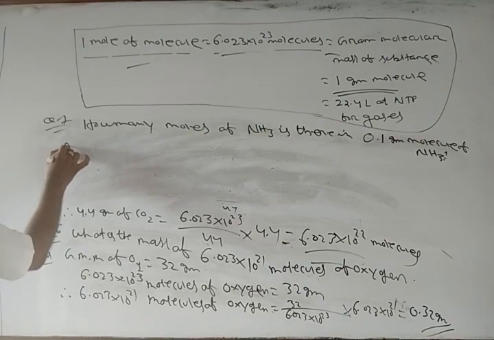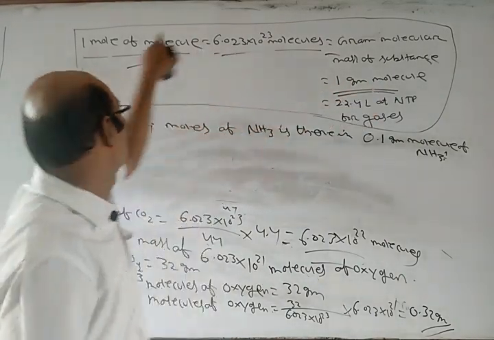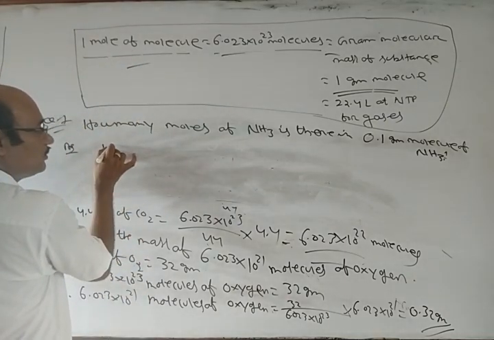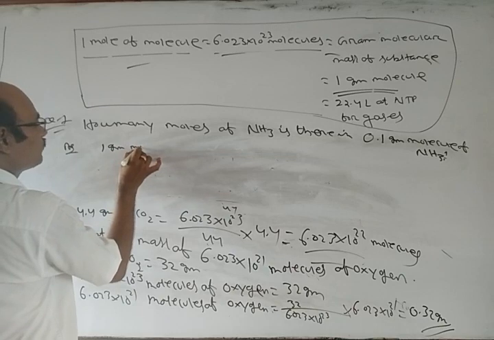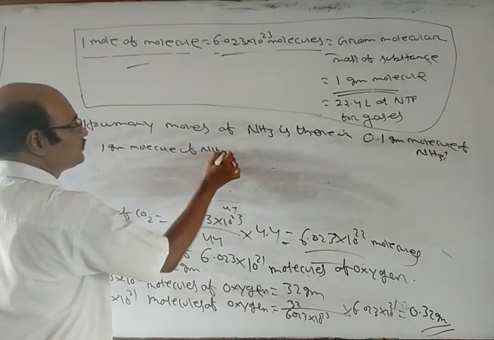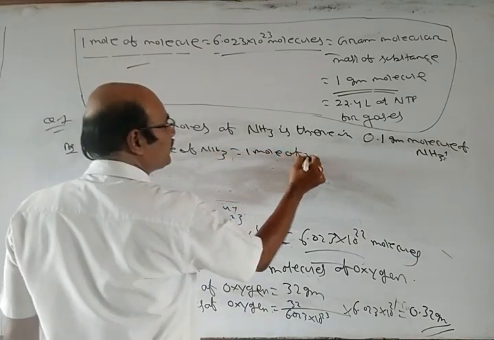So already we know 1 gram molecule is equal to 1 mole. So 1 gram molecule of ammonia equals 1 mole of ammonia.